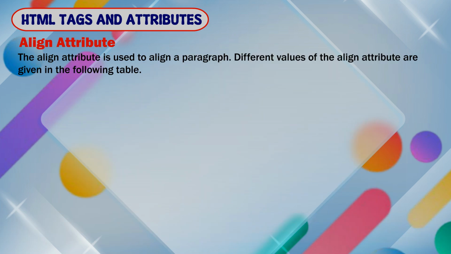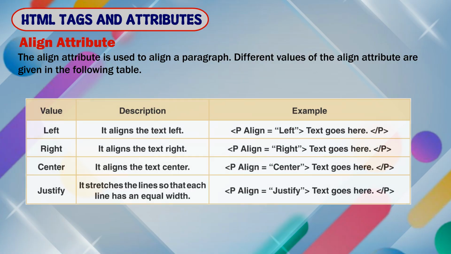Align attribute. The align attribute is used to align a paragraph. Different values of the align attribute are given in the following table. Value left. Description. It aligns the text left. Example: <p align="left"> text goes here. </p>. Value right. Description. It aligns the text right.